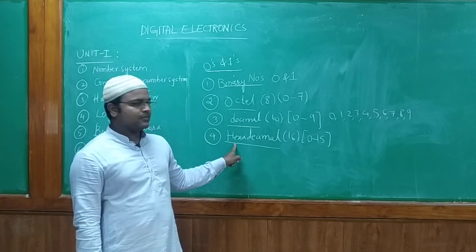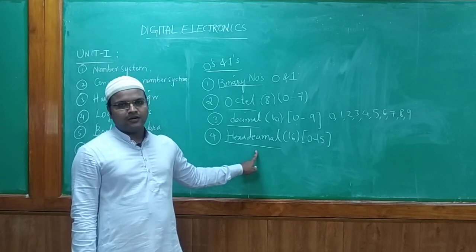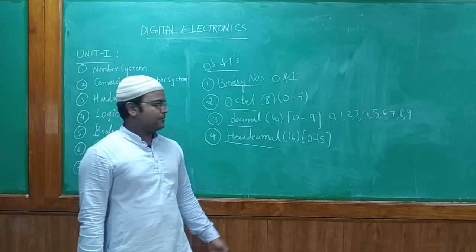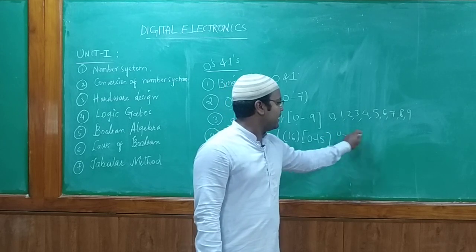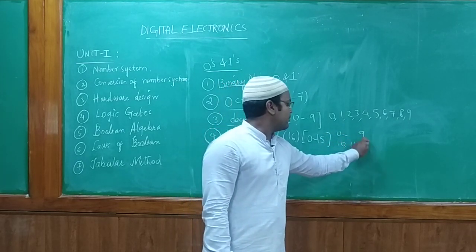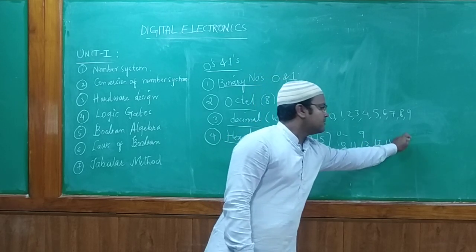So then we can say it's a hexadecimal number system which the system can take and it will convert into the respective conversion of that number. So it also consists of 0 to 9. Then it has 10, 11, 12, 13, 14 and 15.